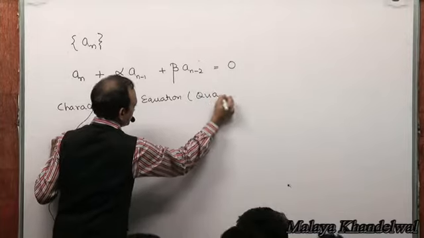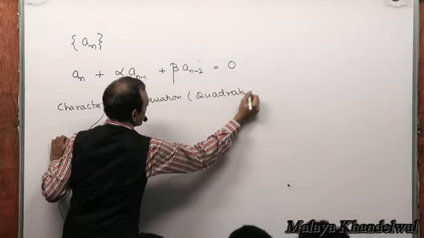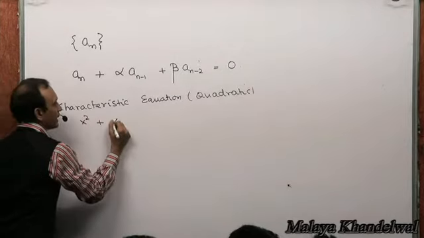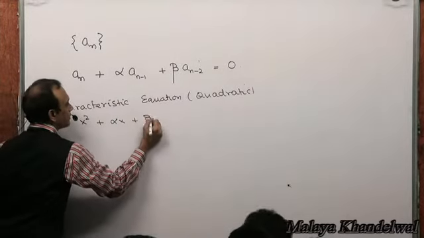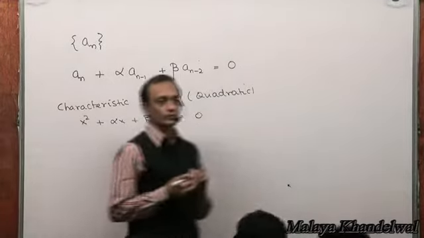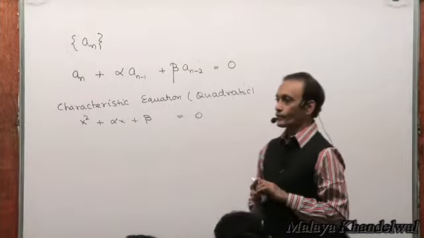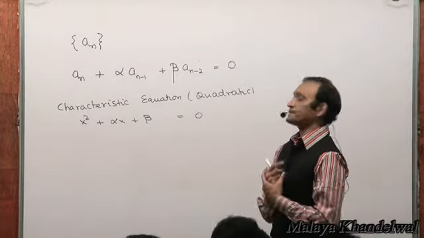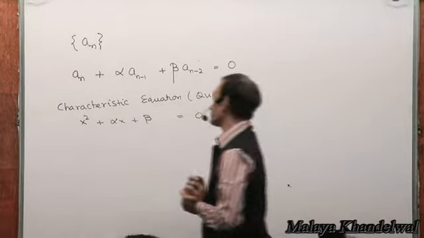Quadratic, which is like x squared plus alpha x plus beta equal to 0. Constitute this characteristic equation x squared plus alpha x plus beta equal to 0.